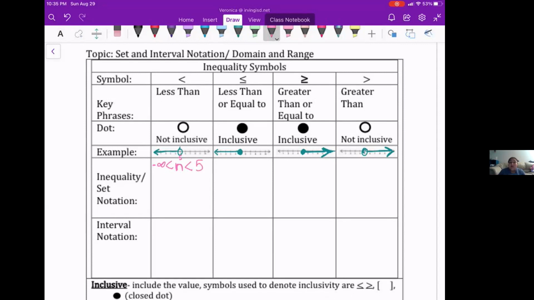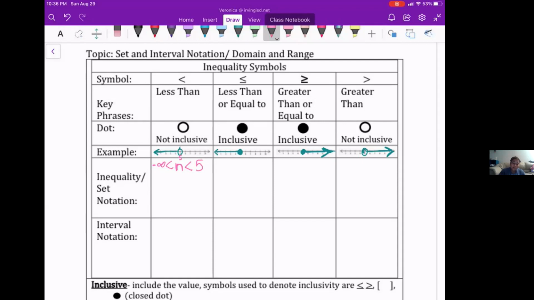Now at that 5, it's an open dot, so we know it is not equal. So this is one way you can write that. So no equal to, right? Now, hopefully you remember in Algebra 1, if we would write it in inequality symbols, we would not use the infinity symbol with our answer.